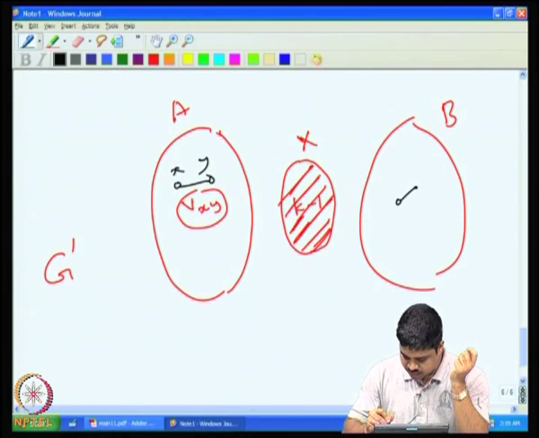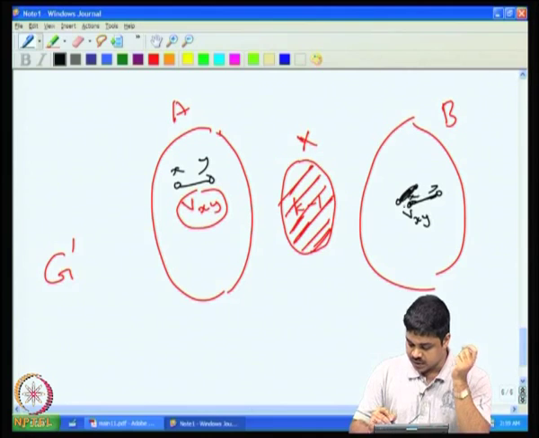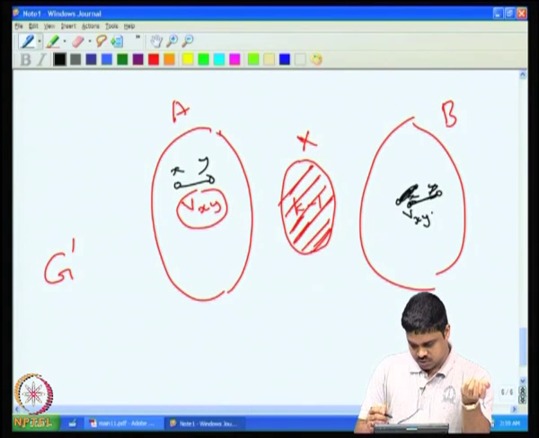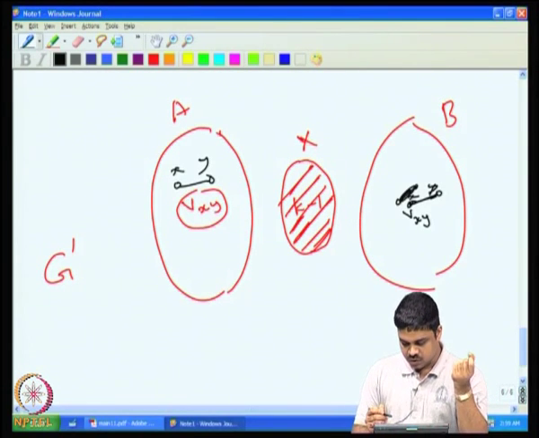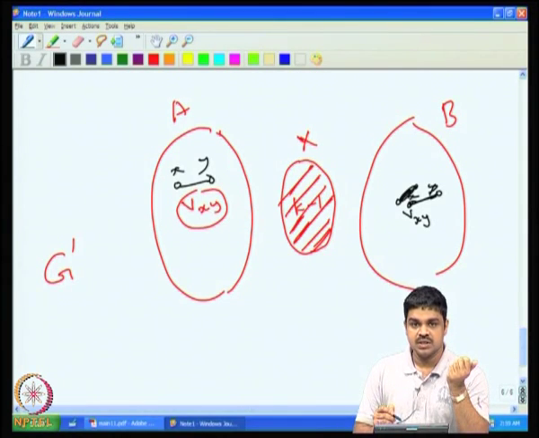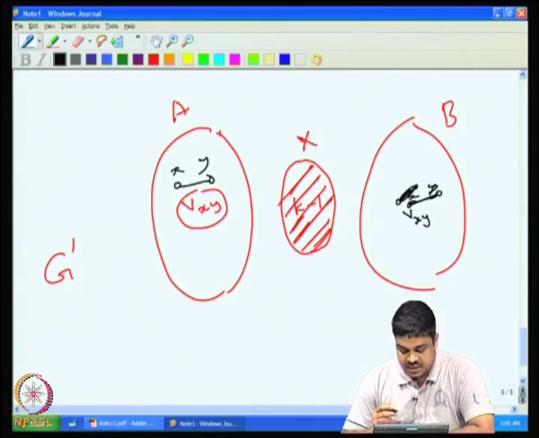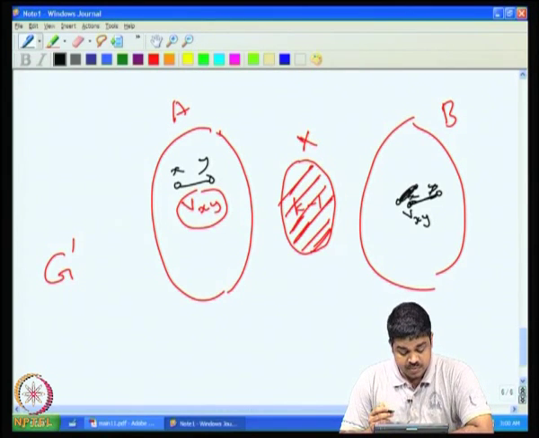Similarly, Vxy cannot be here also, because I would have replaced Vxy with this edge xy, and then when I remove x, there will not be any AB paths left. So, x would be a separator of A and B. It would contradict the assumption that the minimum number of vertices to separate A from B is k. So, you could not have separated A from B using just k minus 1 vertices.